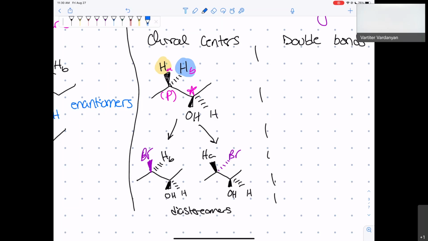You're looking at a potential chiral center. They already see different things, and if you were to replace one of them, you would get two completely different molecules.